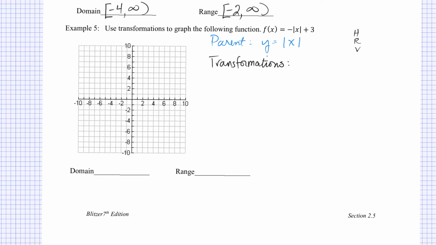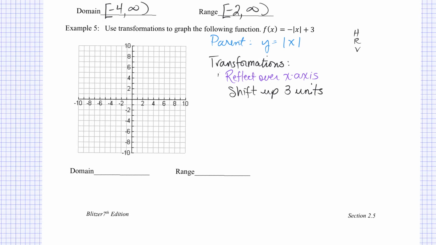So the first thing I'm going to do is my reflection of my parent function over the x-axis. And then I'm going to do my vertical transformation, which is going to be a shift up 3 units.